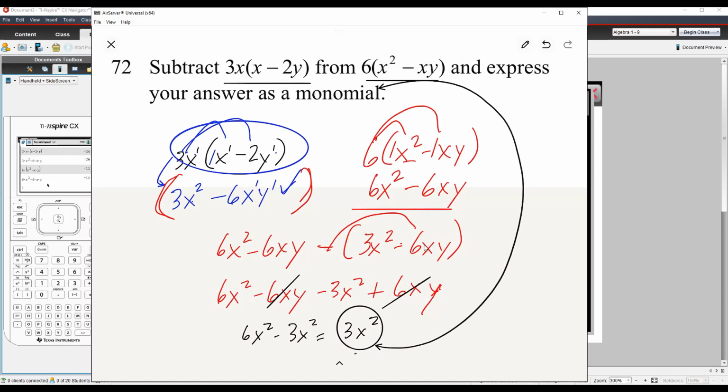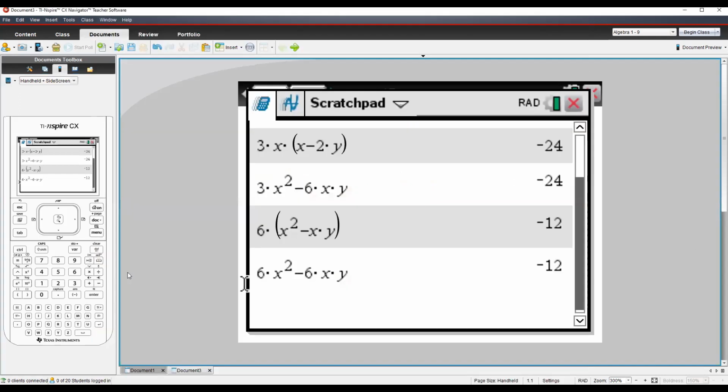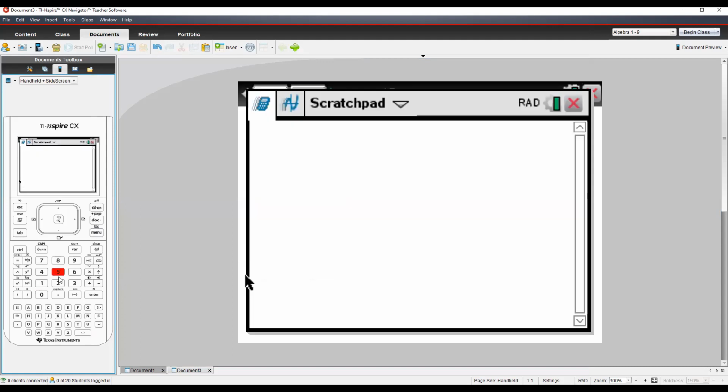So again, we can go to the calculator and let it help us. So let me do this. I'm going to clear this, maybe 15. And then I'm going to take 6 parentheses, x squared minus x times y, close the parentheses, minus 3x. And I've got to put a multiplication between the parentheses, x minus 2y.